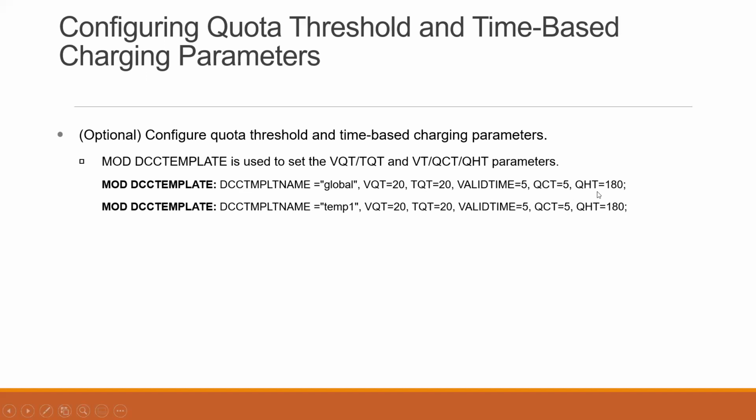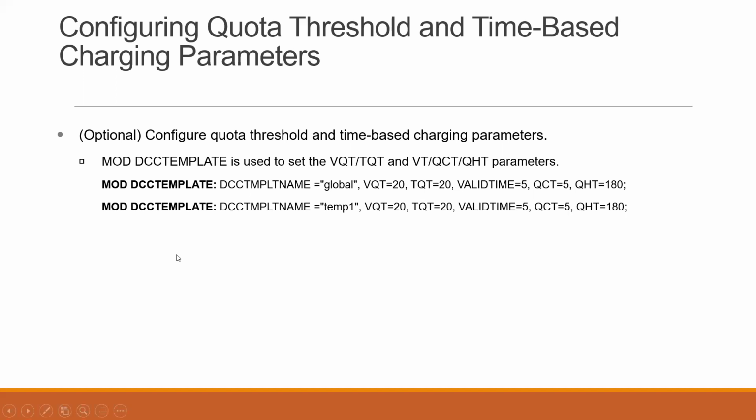Basically, these are the parameters which are negotiated and agreed upon with your peer OCS team. You discuss with them which parameters are going to be set, because these are the parameters based on which you're going to frequently be sending the CCR request and the CCA.